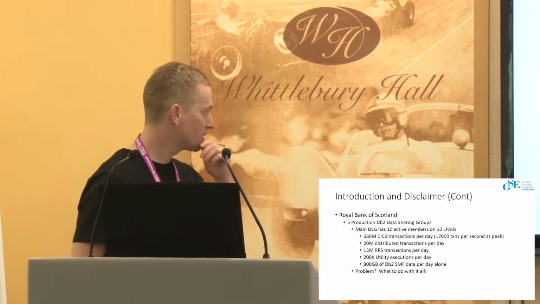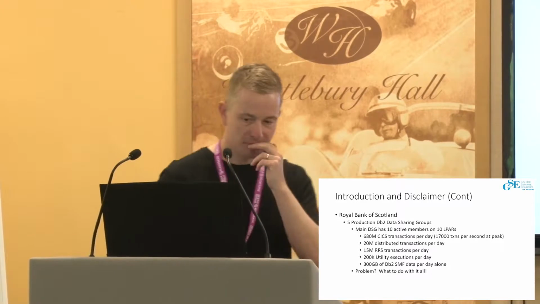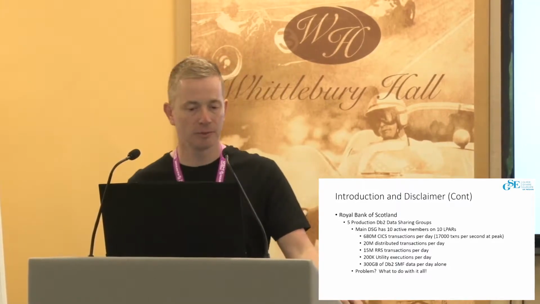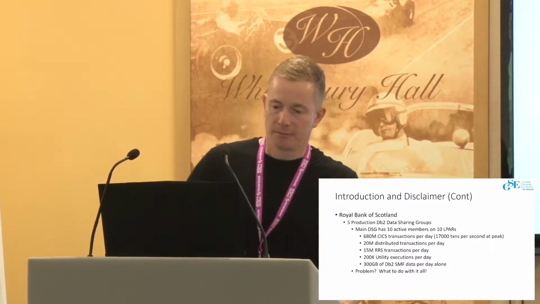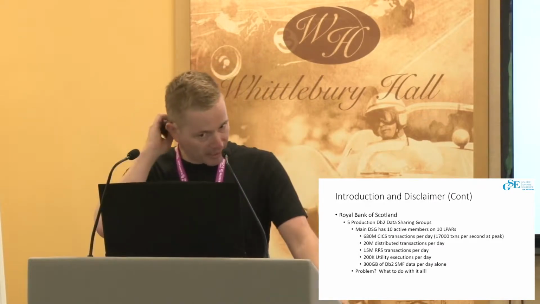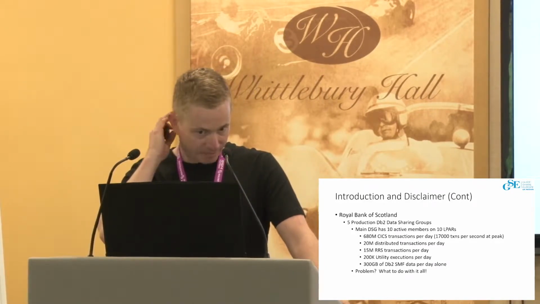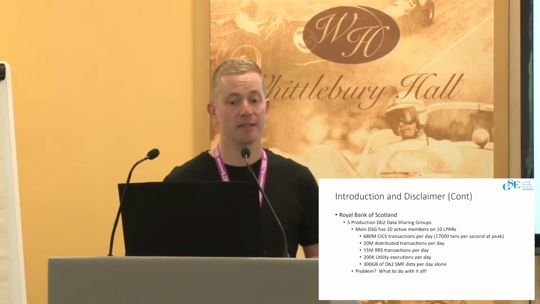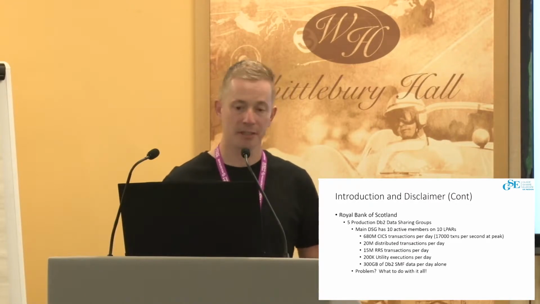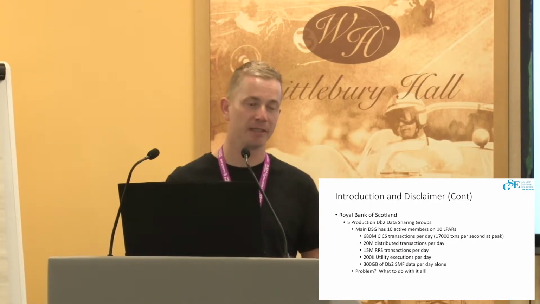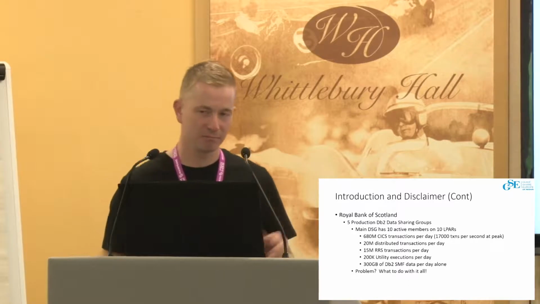So a little bit about RBS, for those who don't know. 5 production data sharing groups. A main data sharing group has got 10 active DB2 members, spread across 10 LPARs. Our peak ever day processing was 680 million CICS transactions a day, although there were some mitigating factors involved in that.